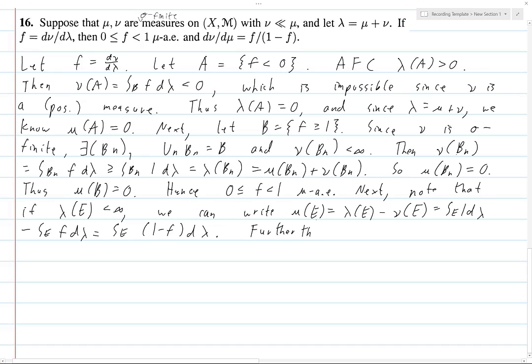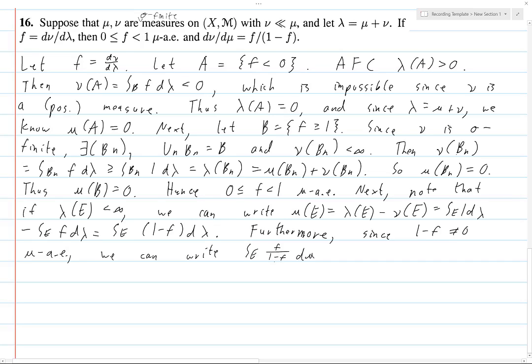So furthermore is not how you write it. What you write is this: since 1 minus f is not equal to 0 mu almost everywhere, we can write the integral over E of f over 1 minus f d mu.